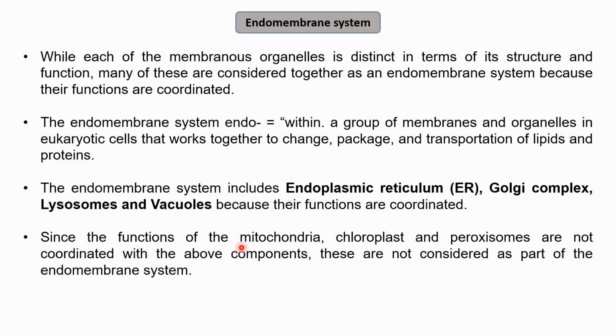There are many other organelles, like mitochondria, chloroplasts and peroxisomes, that are also present within the cell. But since these do not function in coordination with each other or with the above-mentioned organelles, they are not considered part of the endomembrane system. So it is very important to know which organelles are part of the endomembrane system and which are not. The ones that are part of it are the endoplasmic reticulum, Golgi complex, lysosomes and vacuoles.